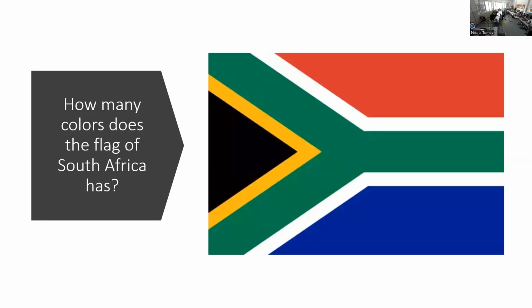Let's take a moment and think about what happened here. I communicated with you through the language system. I asked you how many colors there are, and you communicated with your visual system, which scanned across the picture and counted the colors.